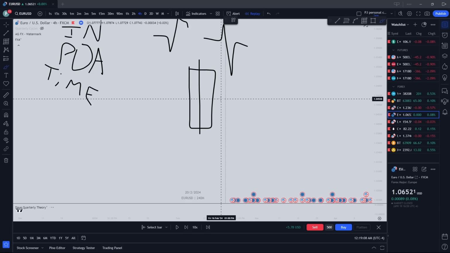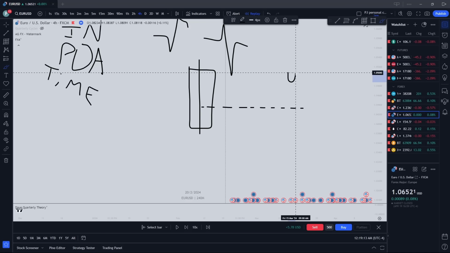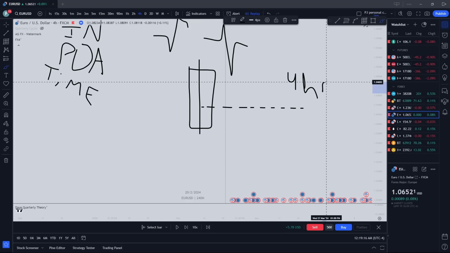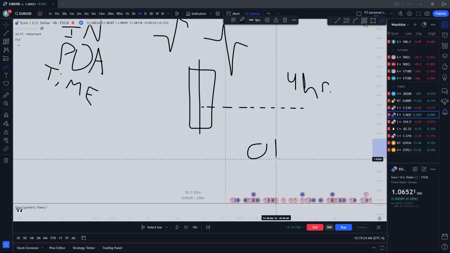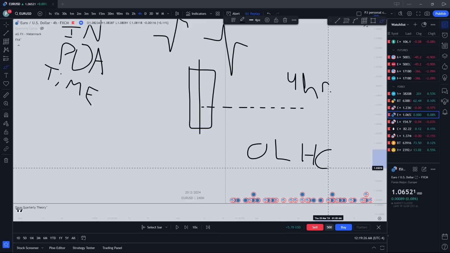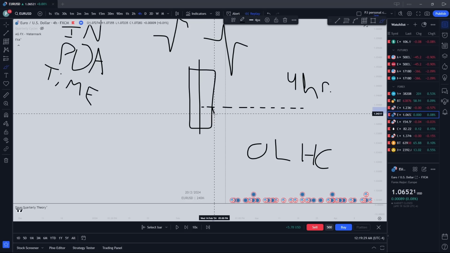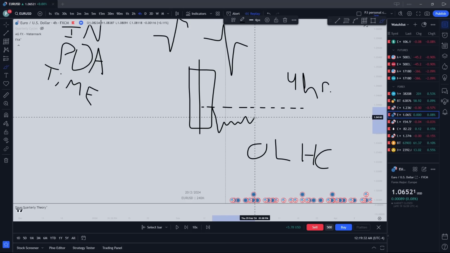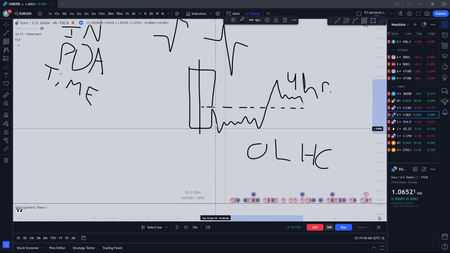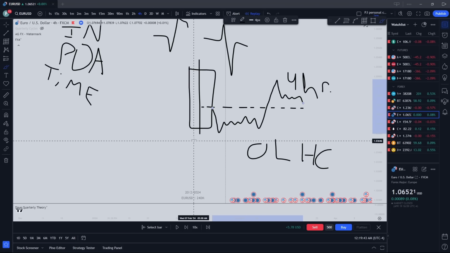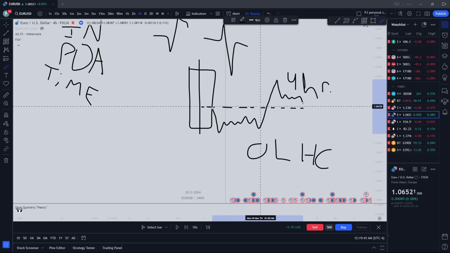We have our opening price of the 4-hour candle here. Say this is a 4-hour. If you're looking for an open, low, high, close, you want to buy below the opening price in a discount, and a time-based discount, because each candle has a premium and discount.